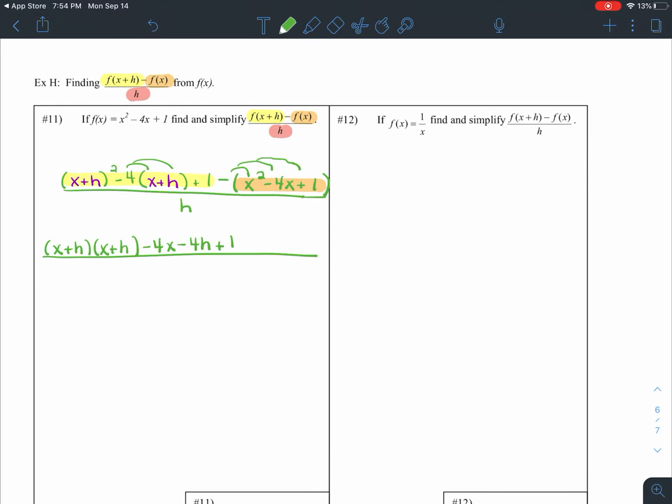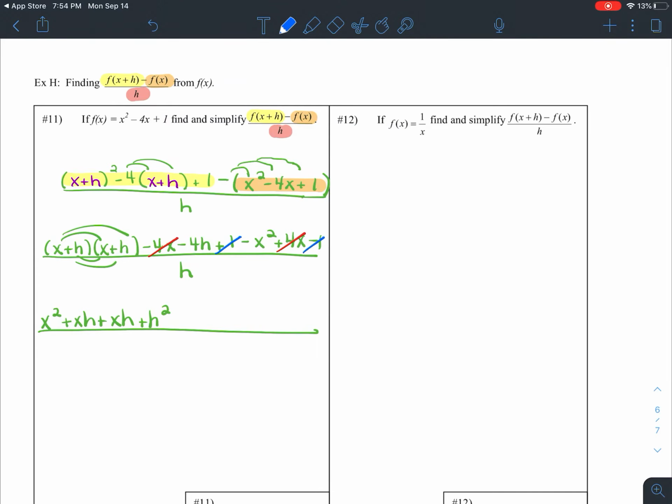Okay, I'm going to go ahead and distribute the -4. Okay. This +1 is coming from this +1 here, and then I'm going to distribute that subtraction sign, that -1, so that it flip-flops the signs on everything, okay? All right, so now I'm going to go back and do this foiling part here where we distribute the x and we distribute the h so that we get x squared plus xh plus another xh plus h squared.